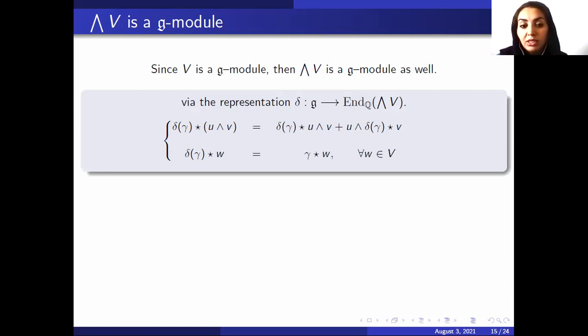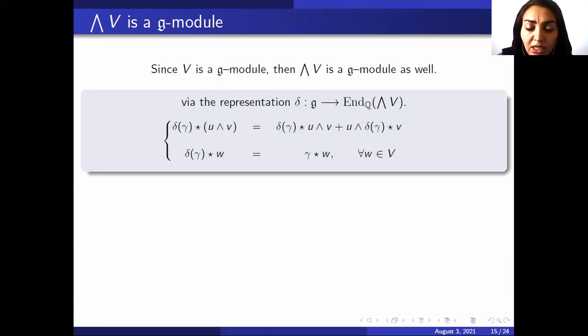I mean, delta gamma star U wedge V is delta gamma star U wedge V plus U wedge delta gamma star V. So as you see, it's enough. We know how delta gamma acts on W, any typical element of V, and we define delta gamma star W to be just gamma star W. This is completely defined because we know that V is a G module, so delta star V is well defined.